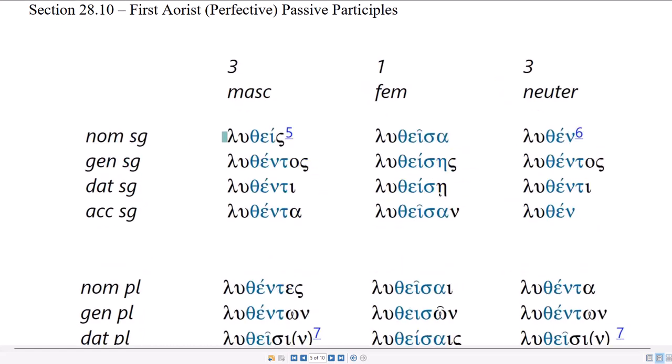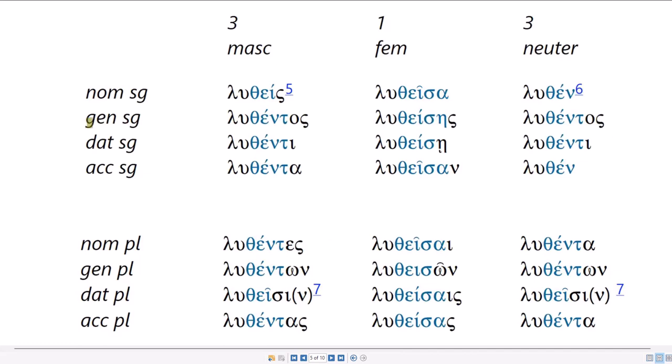Finally, let's look at the first aorist passive participles. This is section 28.10. Here it's a good idea to look at the genitive singular. Here is our tense formative the and our participle morpheme nu tau. So thent is what we get. We'll see thent pretty much all the way down, except for the dative again, because that sigma causes some interesting things to happen: the tau drops out.